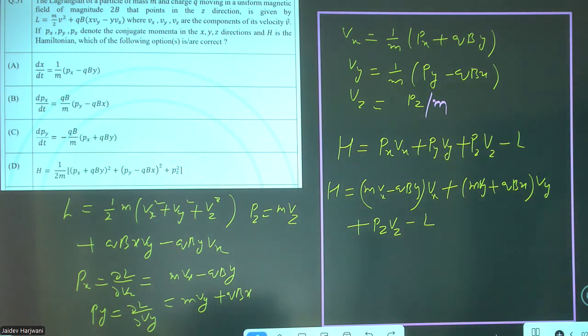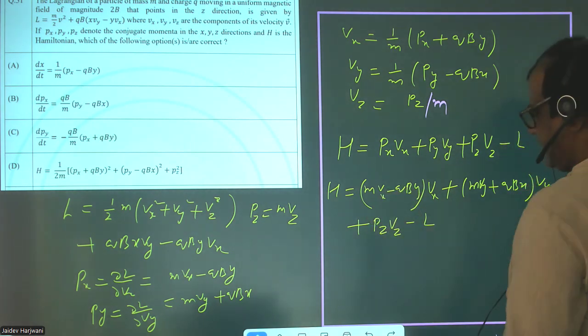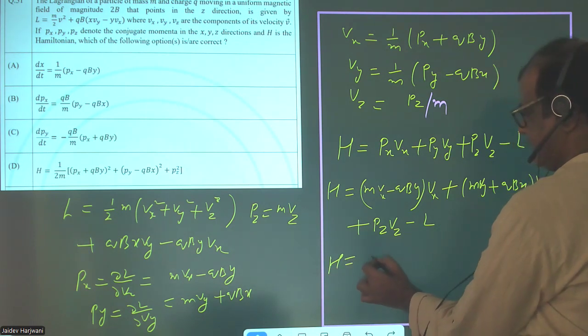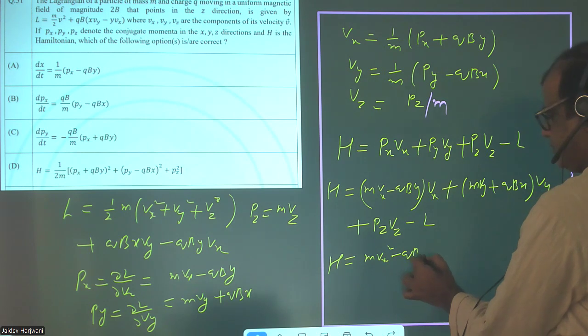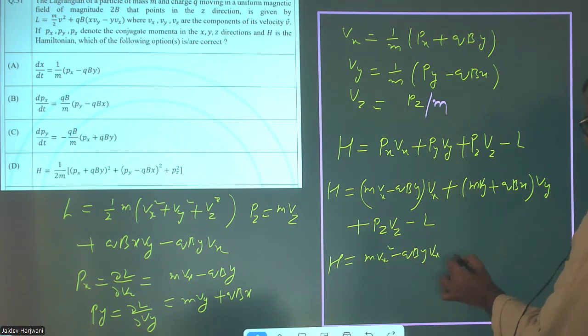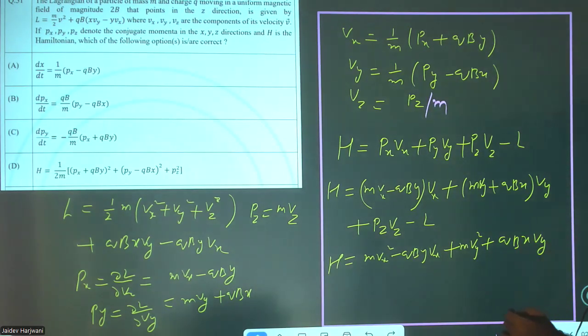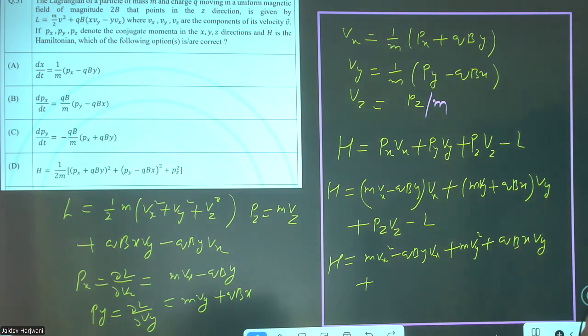Okay, now we can solve this one. So this will give me H = m vx² − q by vx + m vy² + q bx vy, and then you have a pz.